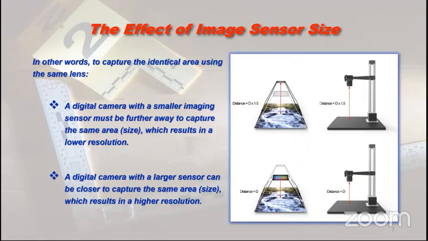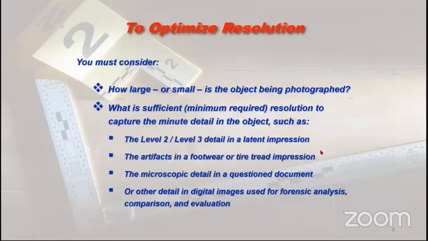And we have to understand things such as the distance between the object and the lens when we're capturing larger items, because that's going to get into lower resolution and lower image quality.